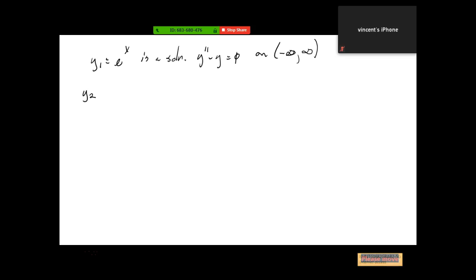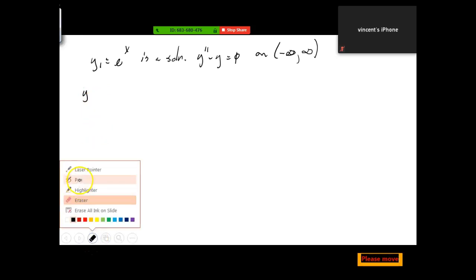Let's assume that y2, and for some reason they dropped the subscript. I'm not sure why they do. Let's go on and drop it because they did. But to me, they should have kept it. Okay?